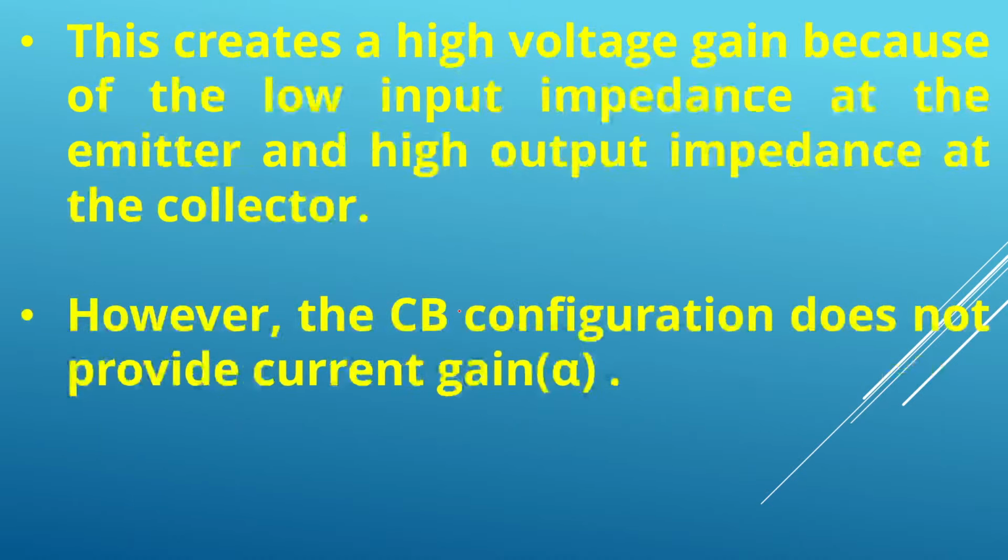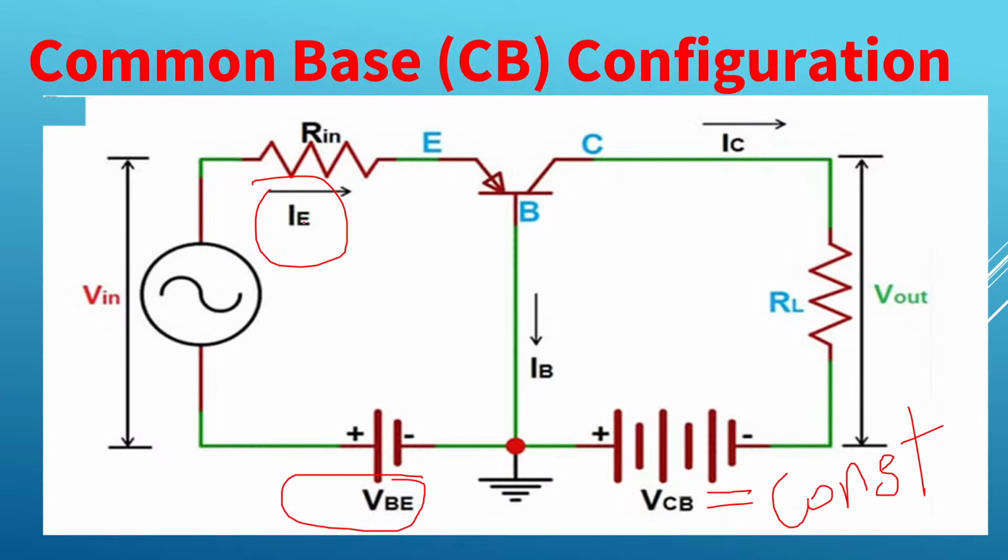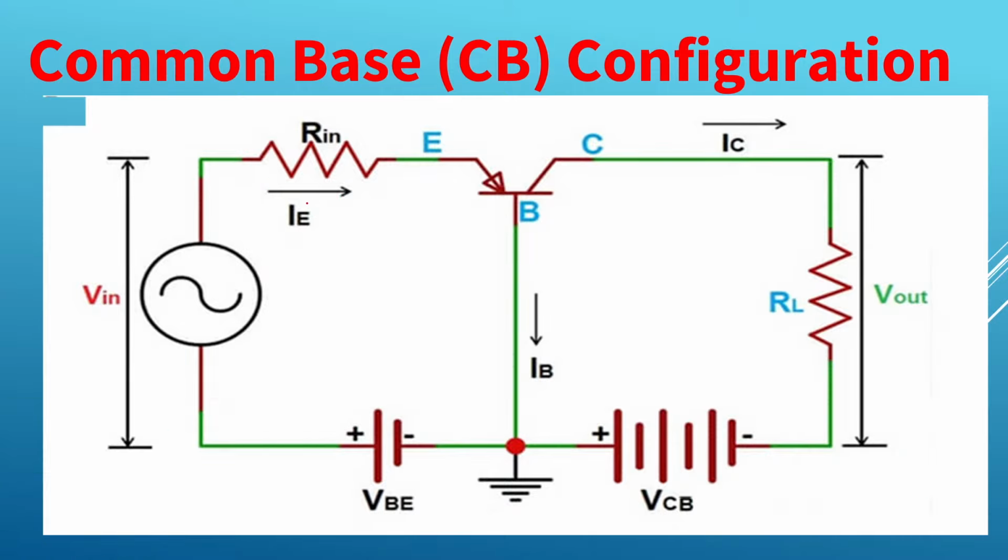So what is emitter current? Keeping IE constant, here we are assuming IE, the input side current, as constant. Output characteristics are drawn between IC versus VCB.